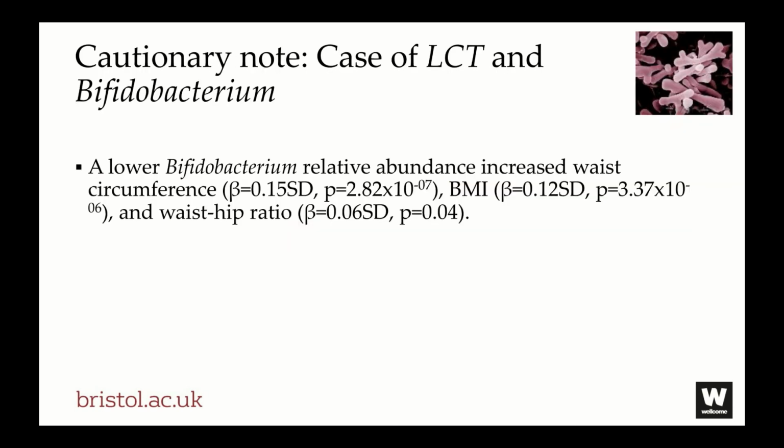Which brings me on to a final point, just reiterating this. So that positive control of the lactase persistence variant and bifidobacterium: when we do a causal analysis of bifidobacterium and various adiposity phenotypes like BMI and waist-hip ratio, we see that lower bifidobacterium increases waist circumference, body mass index, and waist-hip ratio.